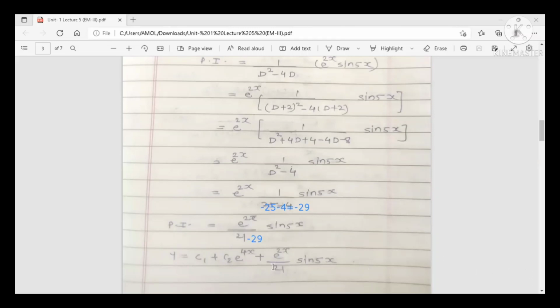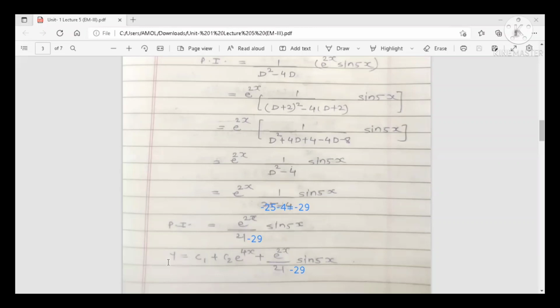So PI is e raised to 2x upon minus 29 into sine 5x, because we have replaced D square by minus 25. It is a trigonometric function.